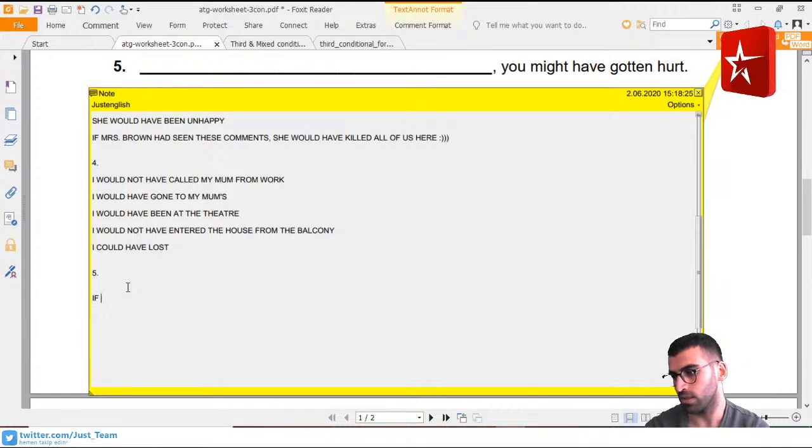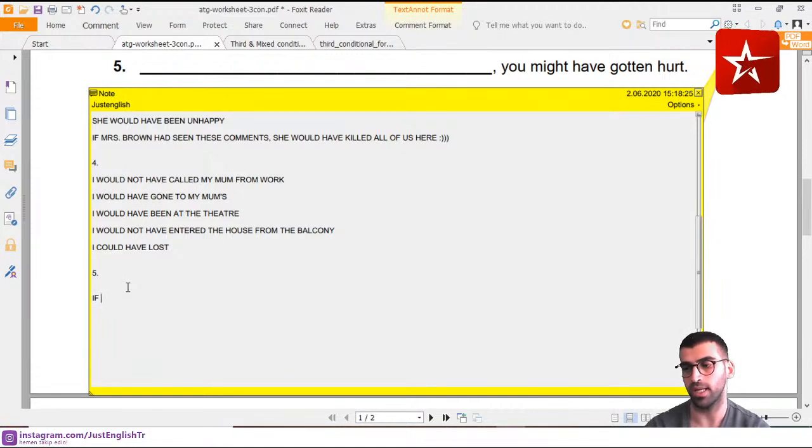No, it's not correct, Ramazan. Not by coming into the balcony. Entering the house through the balcony could be the good answer, the correct answer.